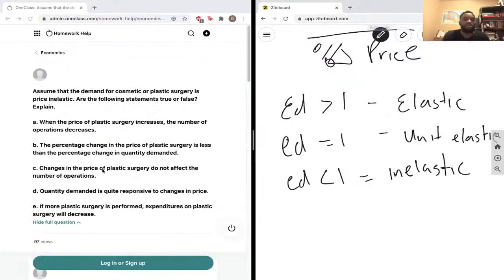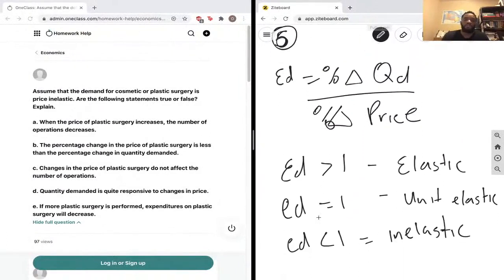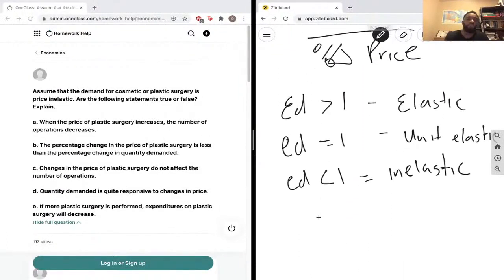The first one says when the price of plastic surgery increases, the number of operations decreases. Based on our definition over here, that should be true.